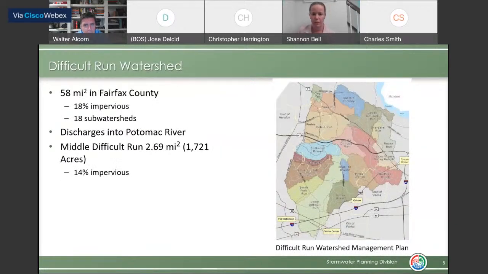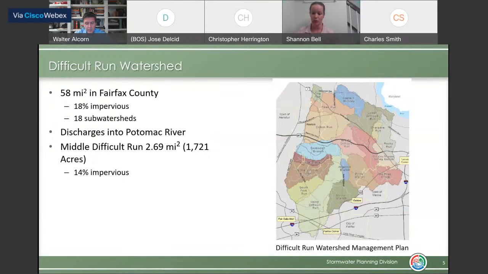I wanted to talk a little bit about the Difficult Run Watershed so you have an idea of why this is happening. The project is located in the Difficult Run Watershed. A watershed is an area of land that all drains to the same point. Difficult Run is about 58 square miles and it's about 18% impervious. Impervious means it's a land cover that doesn't really infiltrate water.